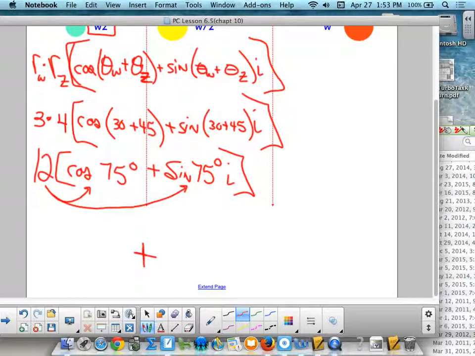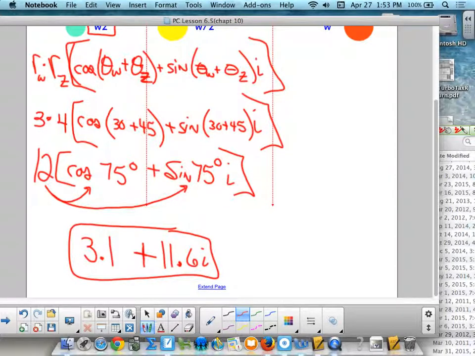What is 12 times cosine 75? 3.1 plus 12 times sine of 75. That's like 11.6 i. Okay, look at that answer. Now look at this answer.